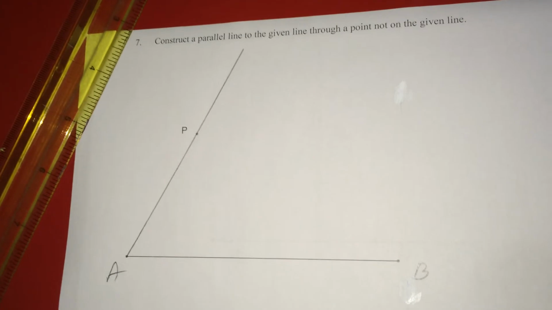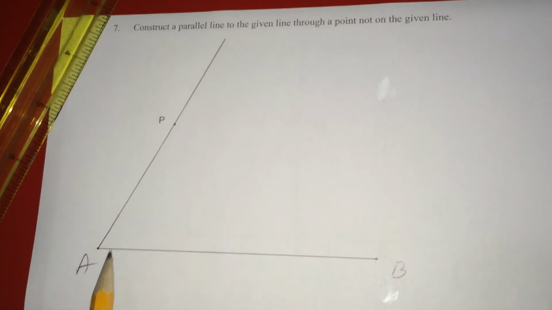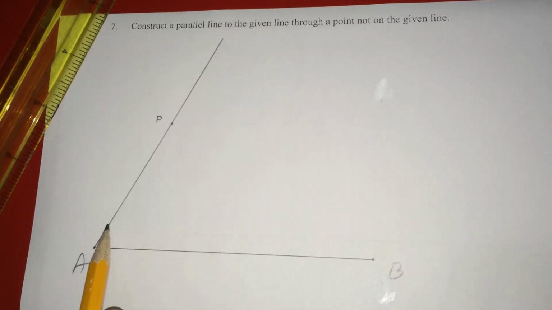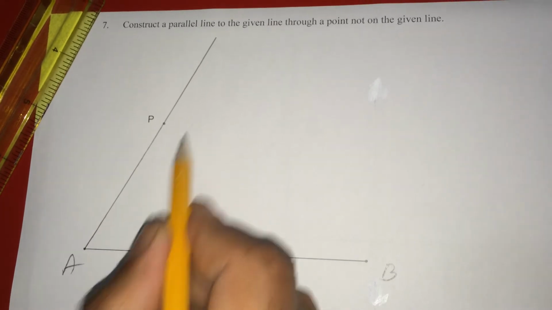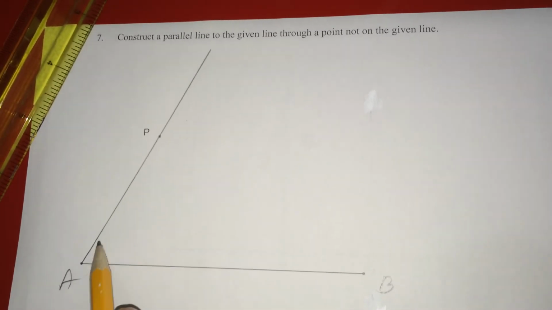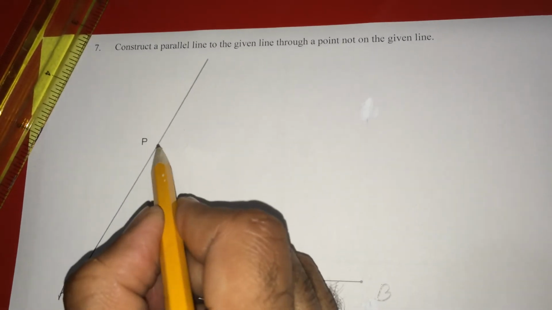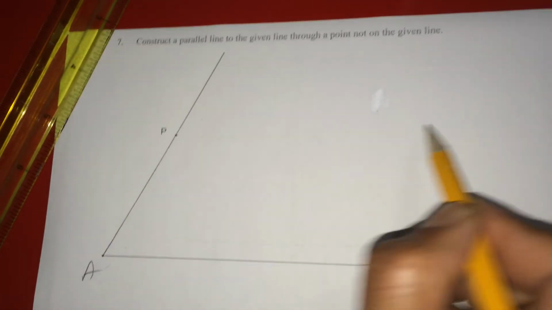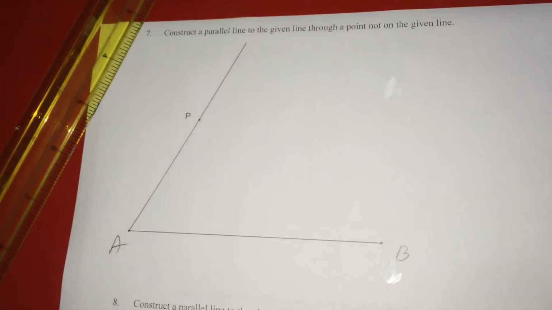Now the strategy I am going to use here is, in order to get a parallel line, I first construct this angle here. For two parallel lines the corresponding angles are equal. If I construct the same angle at this point, then that line will automatically be parallel to the given line. That is the strategy.